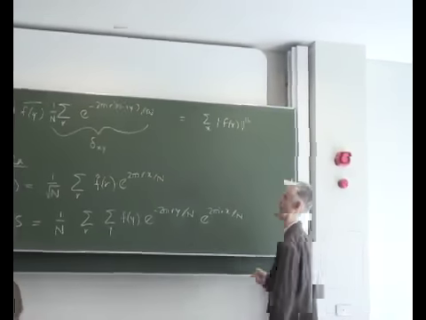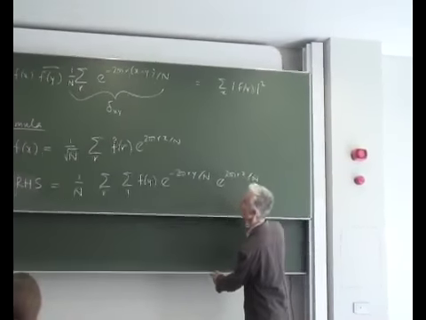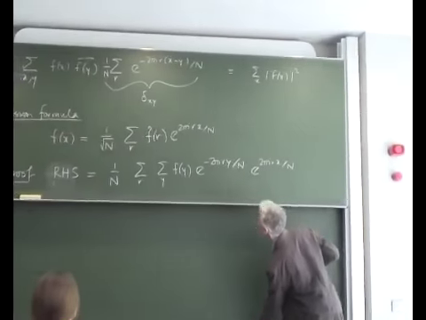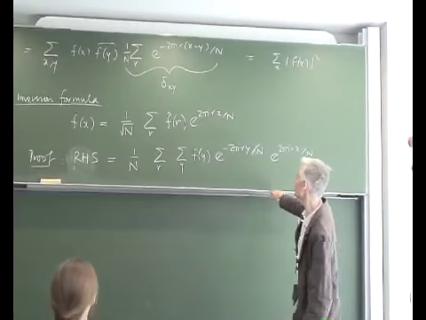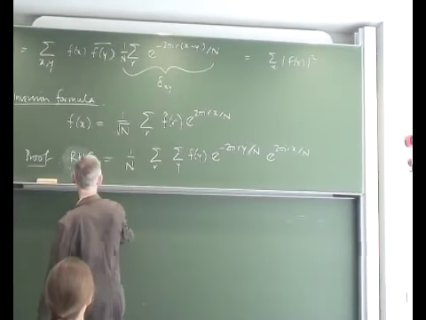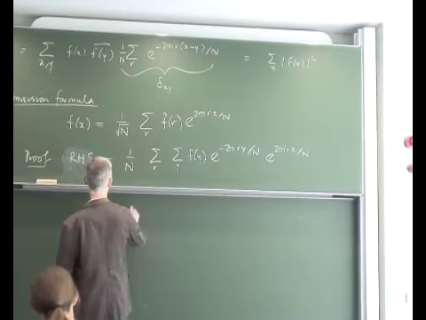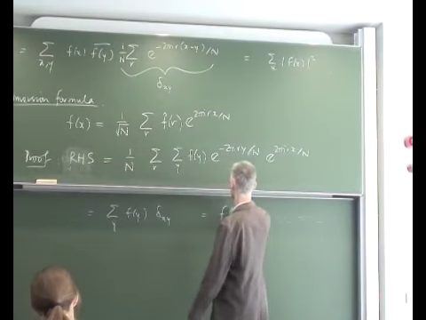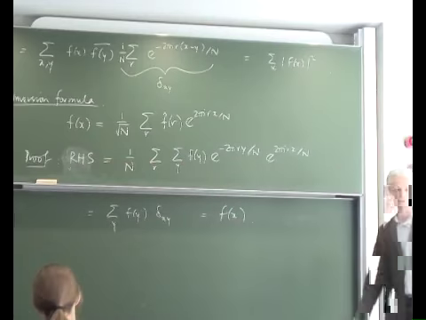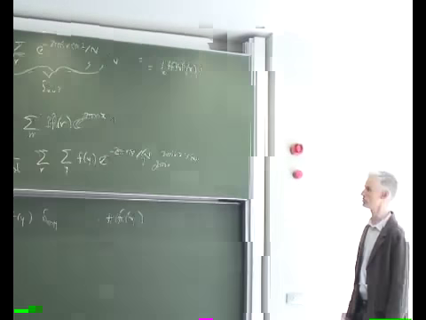It's not quite what we had up there, but it's jolly close. We bring the r across again, and then we get the sum over y of f(y) delta xy, for more or less the same reason.